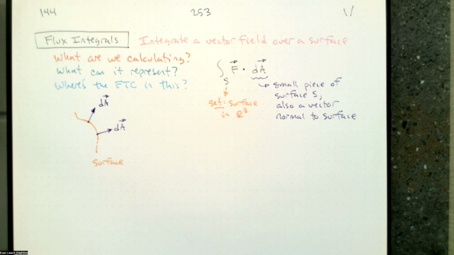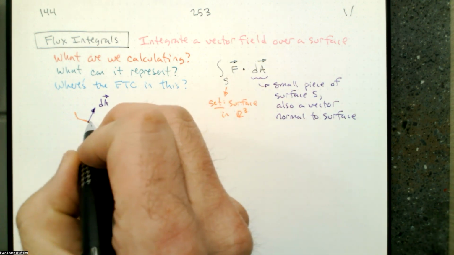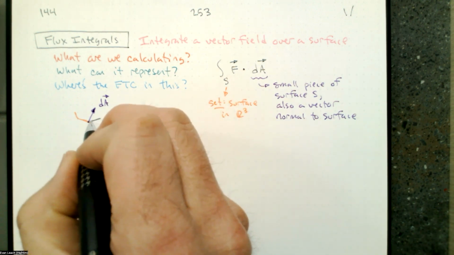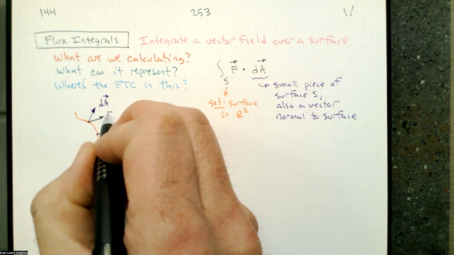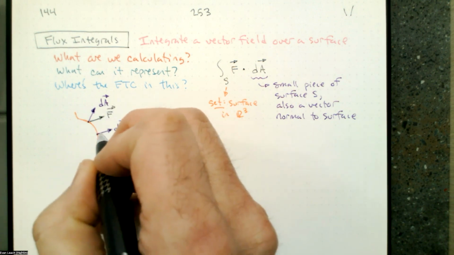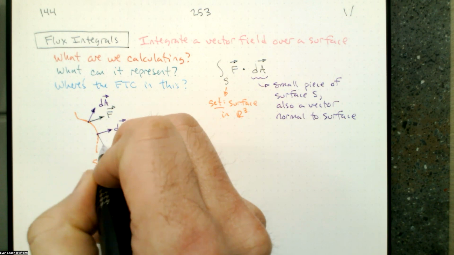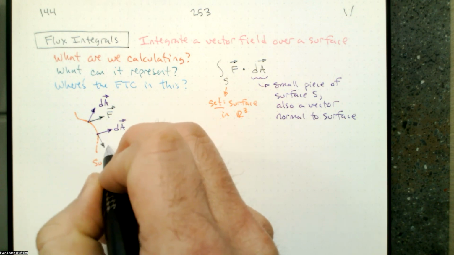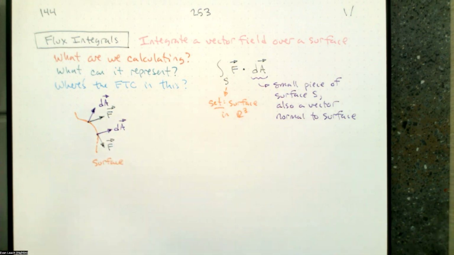So we're going to think about the vector field and multiply that with a normal vector to the surface. At each of these points, the vector field is doing something else. The vector field is doing whatever it's doing at all these points on the surface.